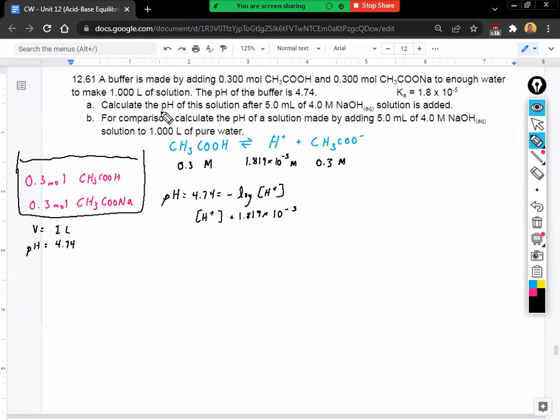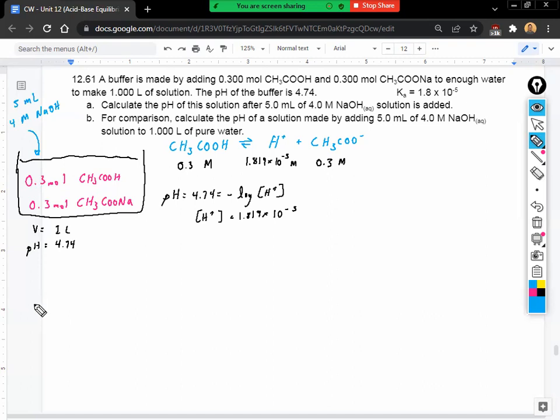So we're going to calculate the pH of the solution when we add into this 5 milliliters of a 4 molarity NaOH solution. Now, NaOH is a strong base, so this guy wants to dissolve completely, and every single mole of NaOH that was added is going to break down.